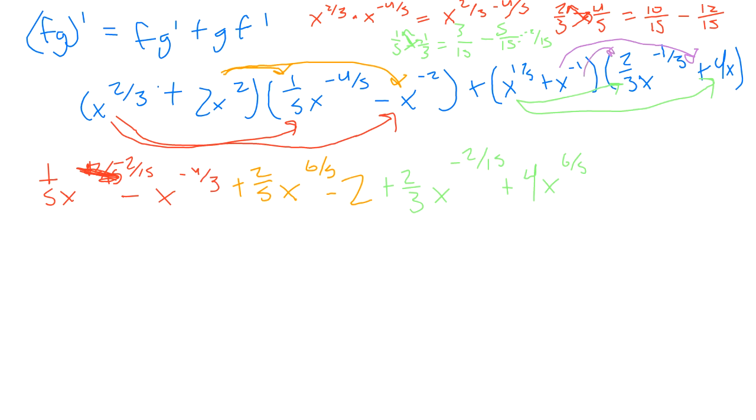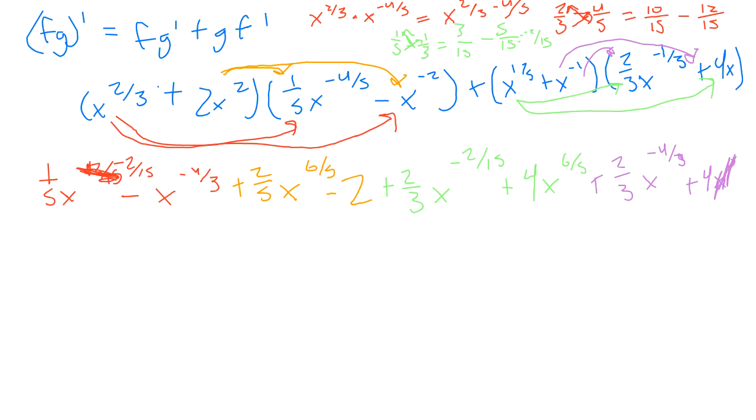So x to the negative 1, we're going to get plus 2/3, negative 1/3 minus 1 is going to be negative 4/3. And then we're going to keep that 4, and then x to the negative 1 times x to the 1. That 1 and negative 1 exponents are going to cancel, so we are just going to be left with x to the 0, which is just 1.